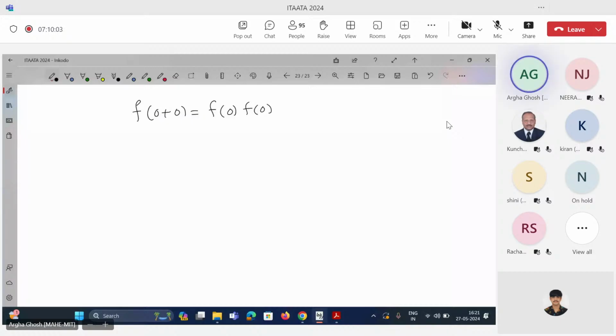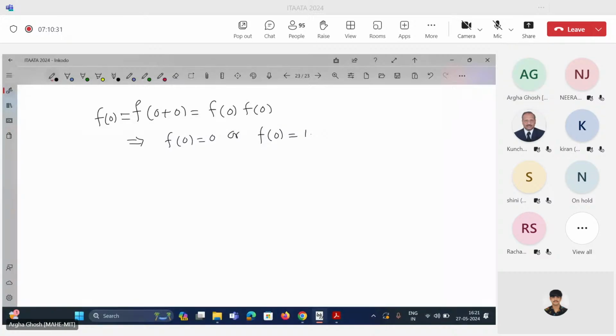So f of 0 equals f of 0 squared. This implies either f of 0 is 0 or f of 0 equals 1.